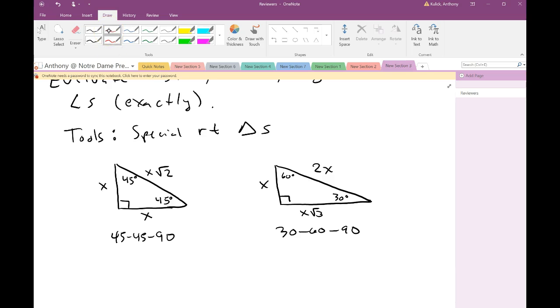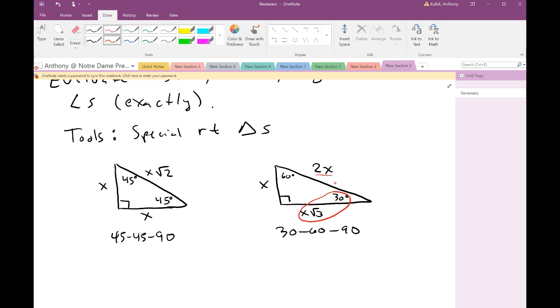And remember that the way I remember where to put things, well, the hypotenuse is always 2x, but the leg that is adjacent to the 30-degree angle is the one with the square root of 3 in it. And I just remember that they have 3's right there next to each other is usually enough to help me remember where that x square root of 3 goes.